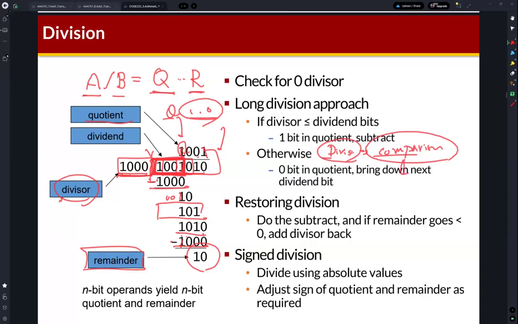We can compare the size of two numbers using subtraction, right? If a minus b is larger than 0, then a is larger than b. Otherwise, a is less than b or equal to 0, right? So for comparison, the division needs to perform the subtraction.